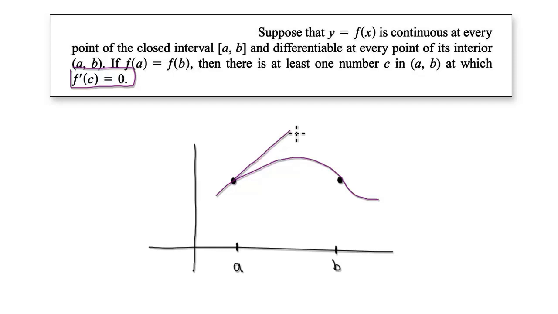But in order for me to end at f of b, in order for me to end at this point here, I need to turn around, because I can't keep going up all the time, since I'm trying to create a gradient where it's never 0. I'm trying to break down this theorem, but I can't, because in order to end up at f of b, I need to turn around. But then the minute I turn around, there's a point c where the gradient will be 0. It's 0 right here. So you can't break this theorem down.